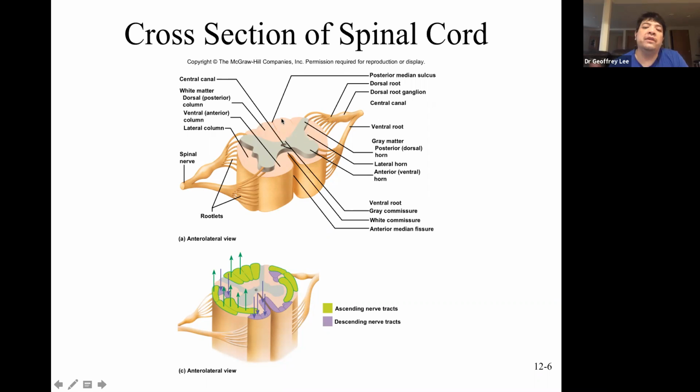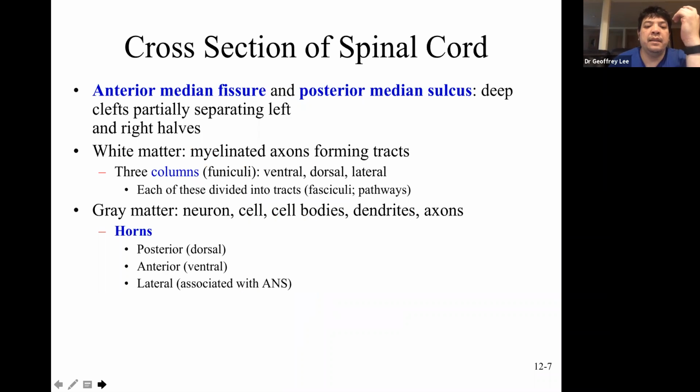The actual regions where you do have nerves and neurons are called either gyrus, right, when we talk about the brain, or they're divided into columns when we talk about the spinal cord, right? The columns out here are going to be white for a reason, right? They're white because they're myelinated.